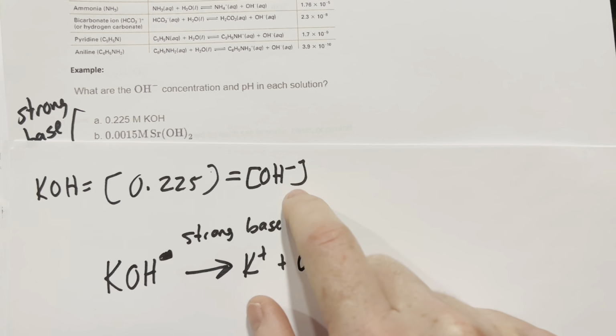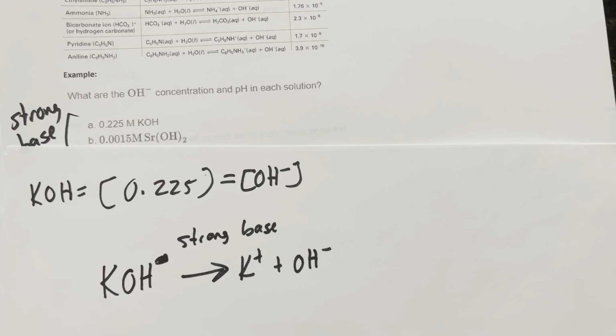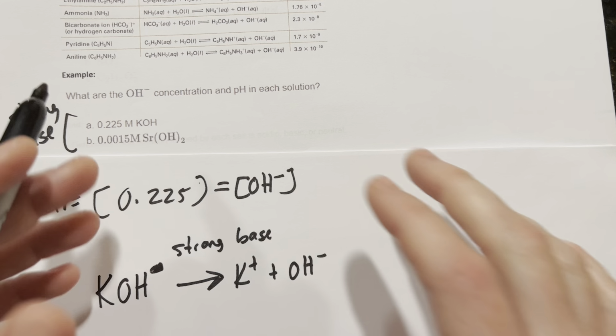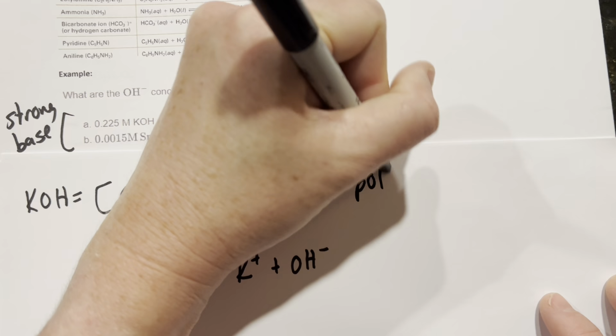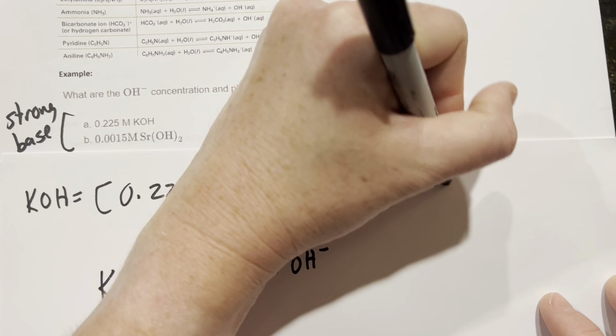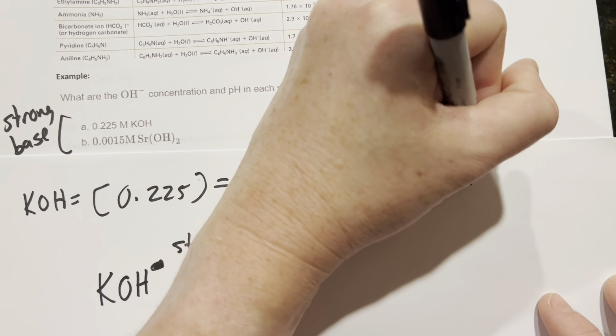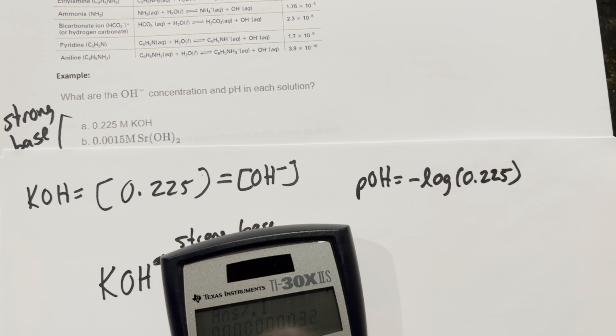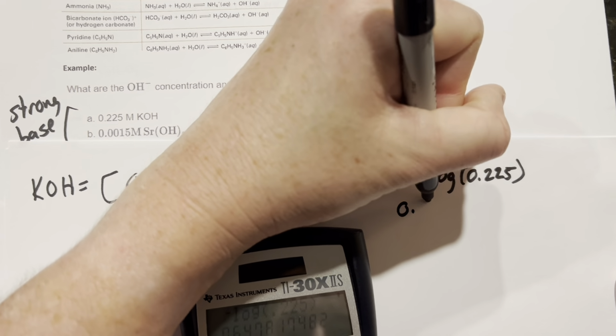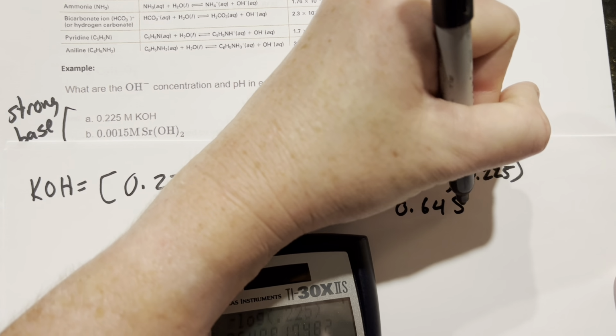We know how to solve for pH once we have an OH minus concentration, right? There are those two different methods. My favorite one is to first find the pOH, and that's just the negative log of that 0.225. Negative log 0.225 gives us an answer of 0.648.